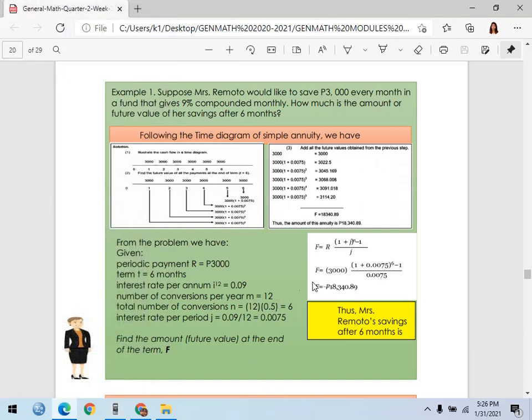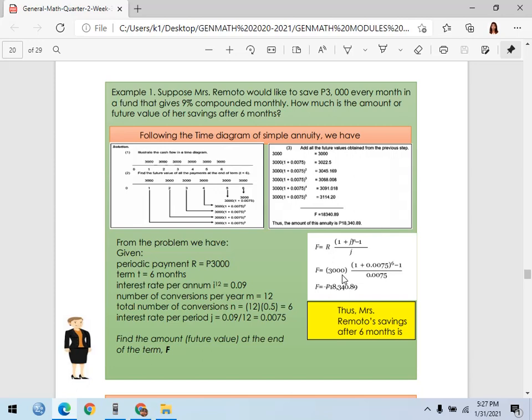Now, kapag kumpleto na yung given, make sure meron kayong R, merong J, and merong N. Since complete na, pwede na tayong mag-solve using the formula F equals R times the quantity 1 plus J raised to N minus 1 divided by J. So, first thing to do is to substitute the values that we got from the given problem.